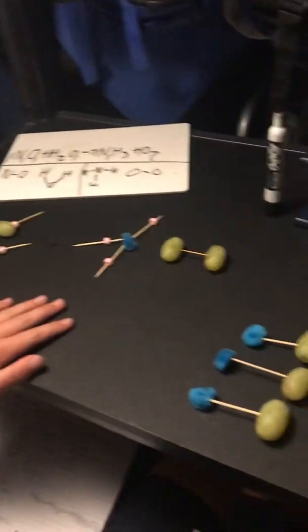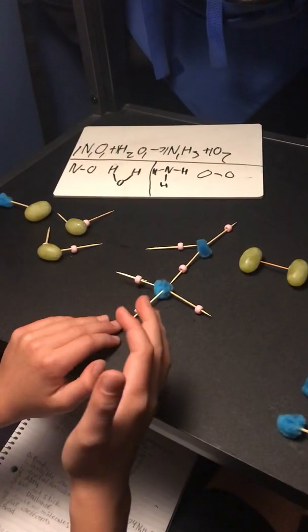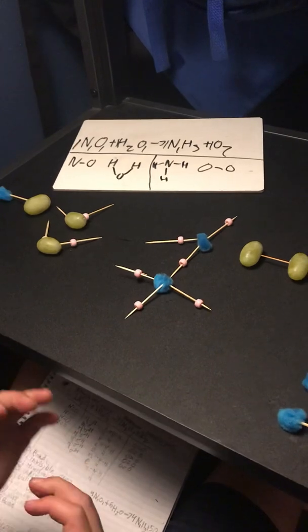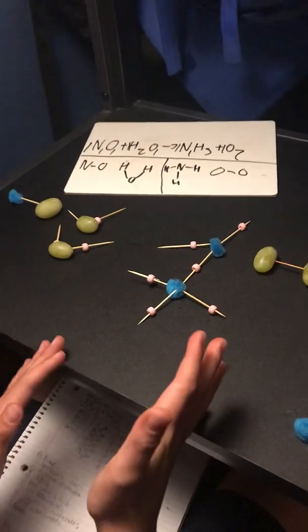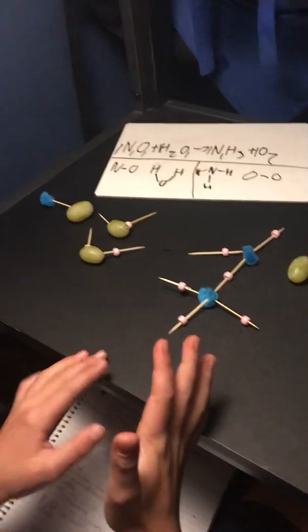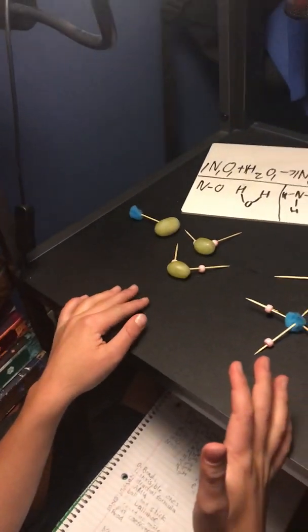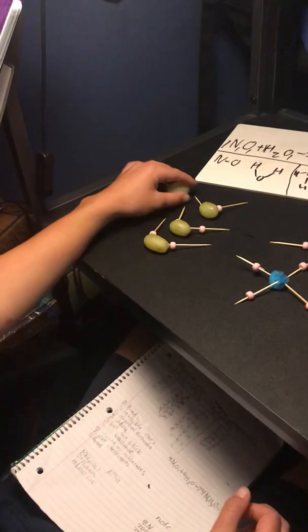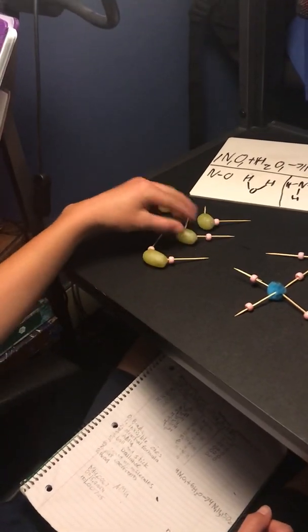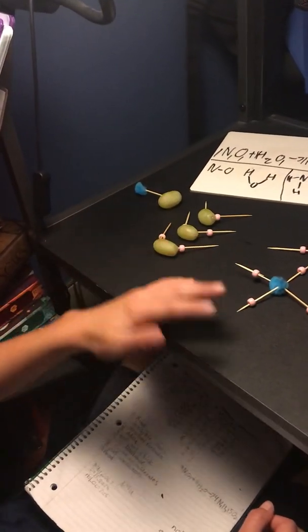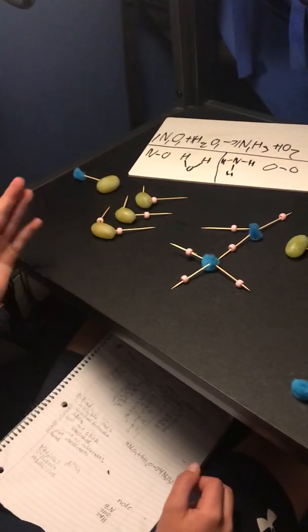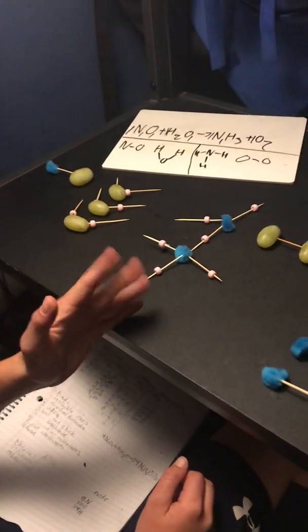So we need to add another molecule of ammonia, NH3. So now we have 6 hydrogen atoms on the right and only 4 hydrogen atoms on the left. So we need to add yet another molecule of water, H2O. Now the hydrogen atoms are balanced, 6 on the reactant side and 6 on the product side.